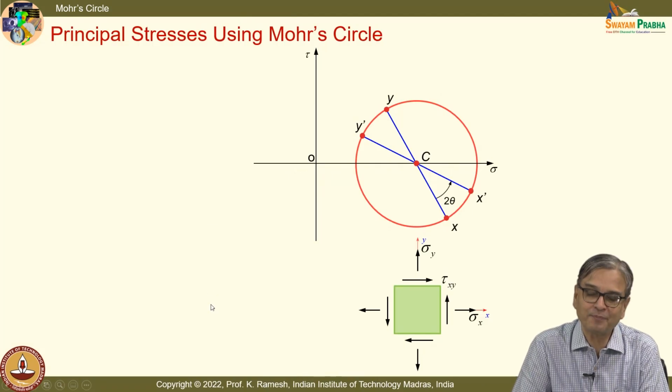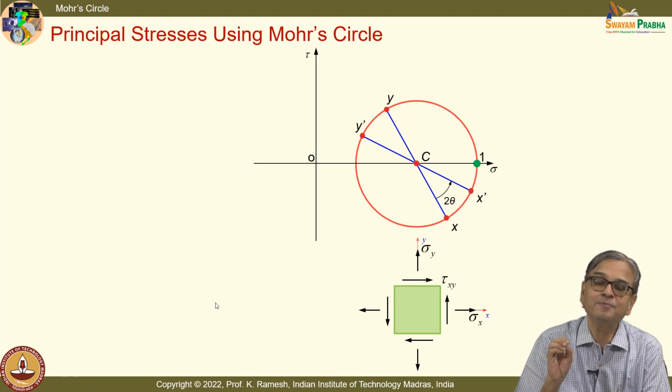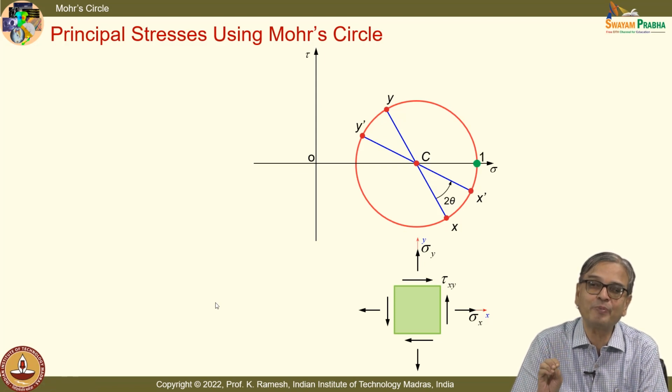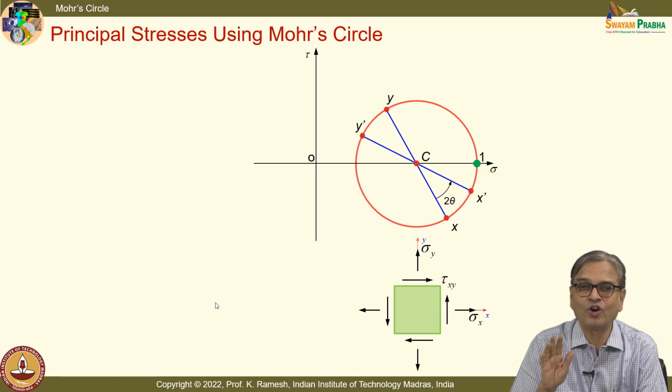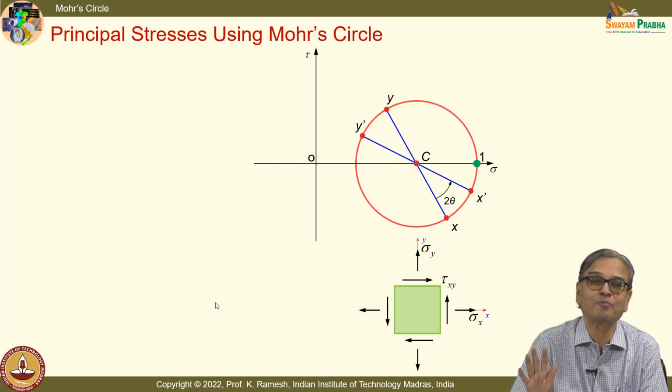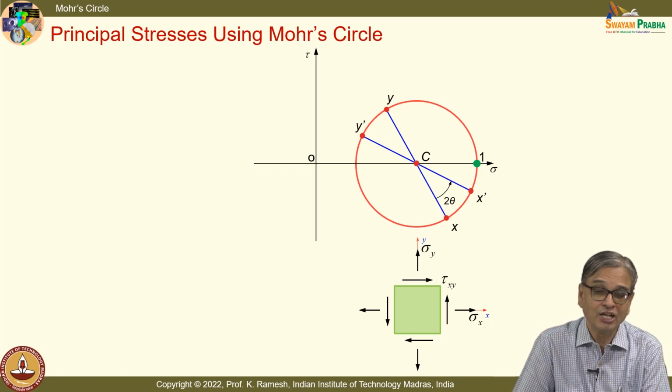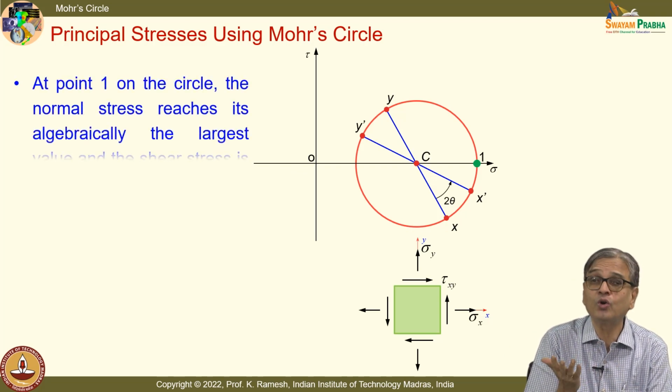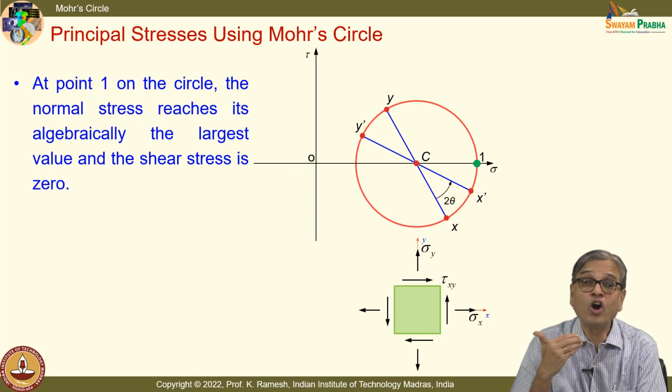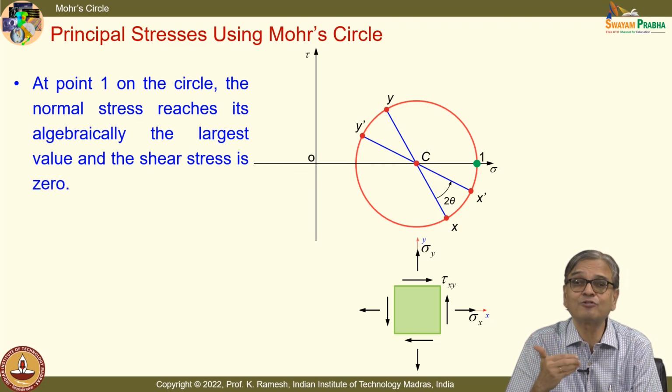Now, we will find out the principal stresses. By definition, principal planes are those planes where the stress state is such that on that plane you have only a normal stress. A priori, you do not know at what angle with respect to the x-axis you have the principal plane.